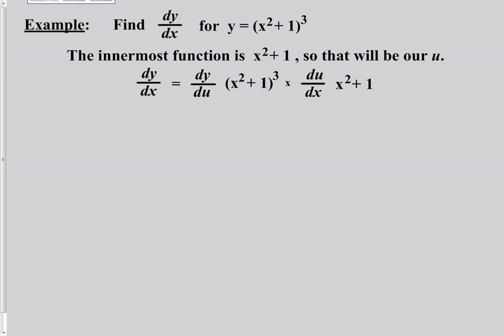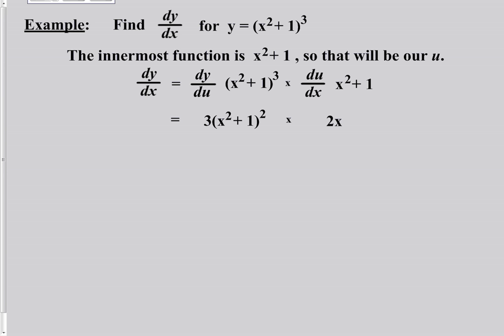So what we're looking at here is we are going to take the first part of that, the derivative of y with respect to u. We're going to apply our basic power rule to what's going on there. And then on the last one, that works pretty much exactly the way we've said, the sum of those terms.